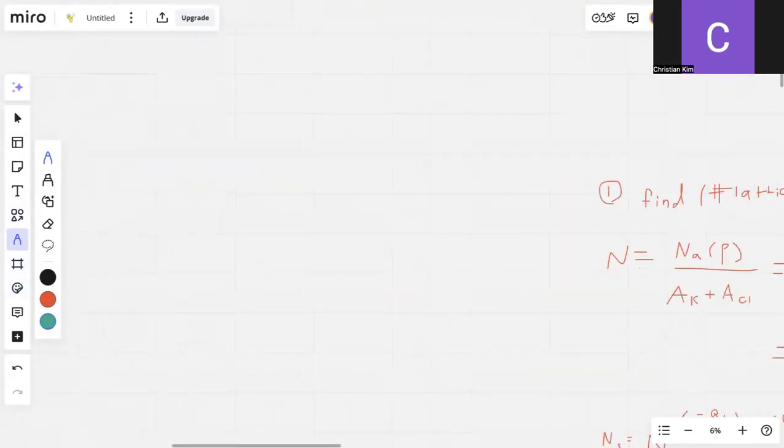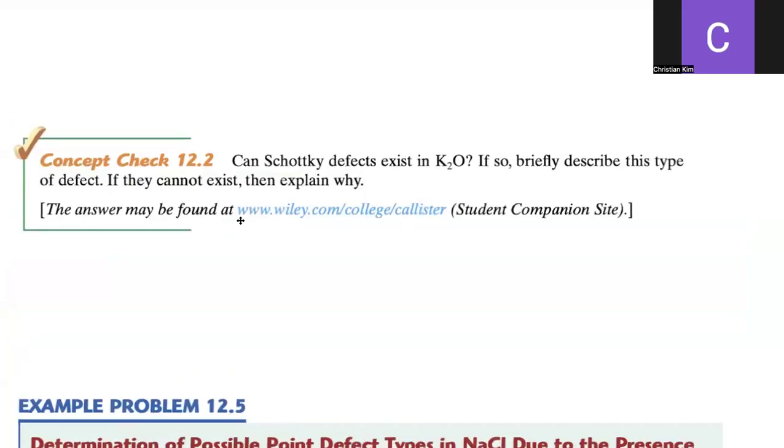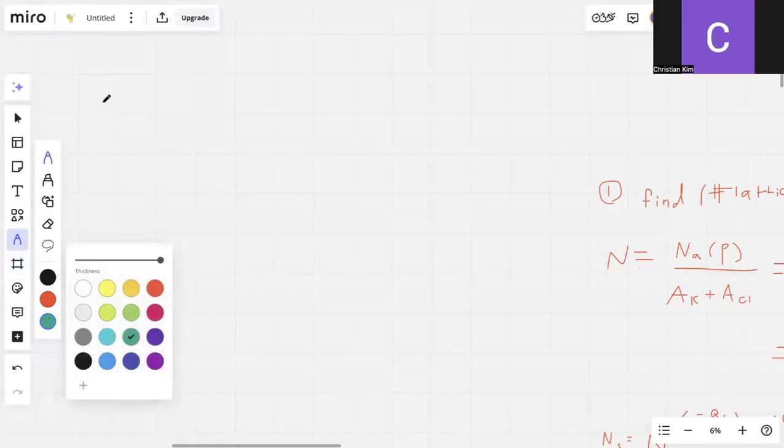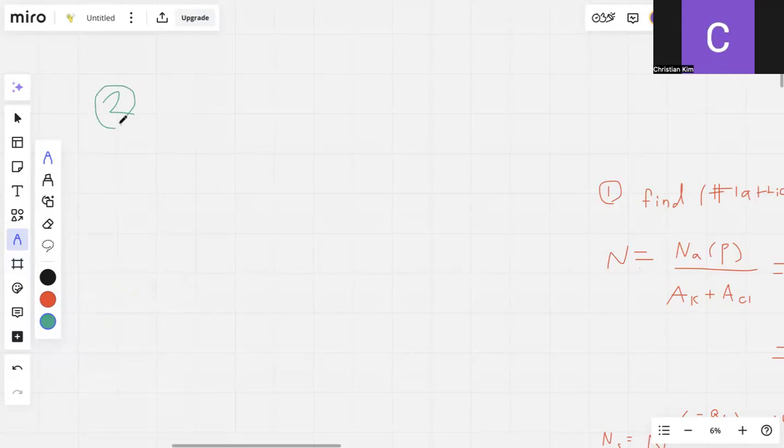I'll change my color. So the second question is asking, can Schottky defects exist in K2O? If so, briefly describe this type of defect. If they cannot exist, explain why. Okay, well, first let's talk about what we mean by a Schottky defect. A Schottky defect means we have an anion vacancy and a cation vacancy.